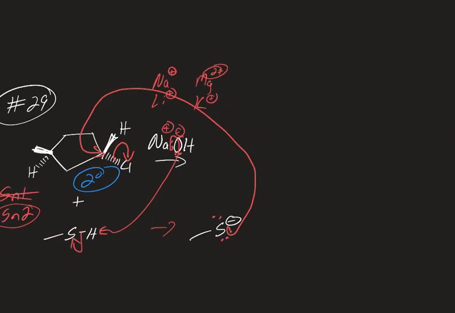So what's that going to look like? Nothing changes over here. But over here, the H is now down. And this sulfur that had to come from the top is now pointed up. And we've lost the Cl minus.